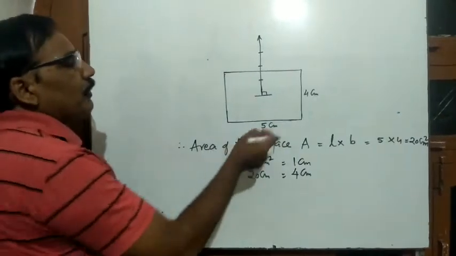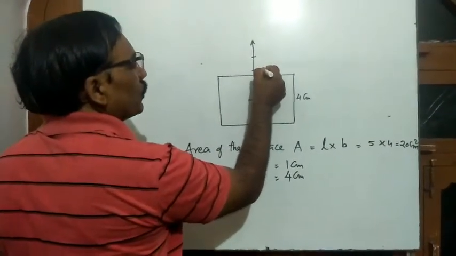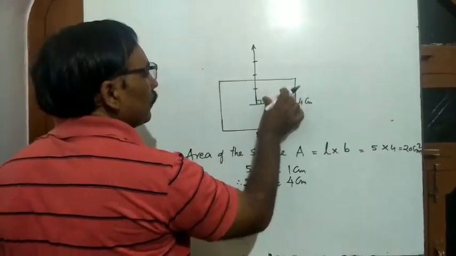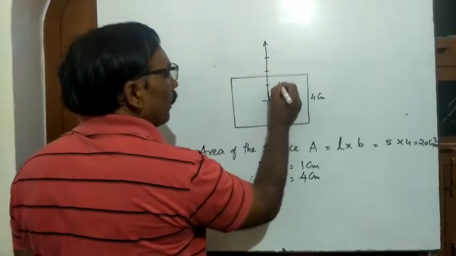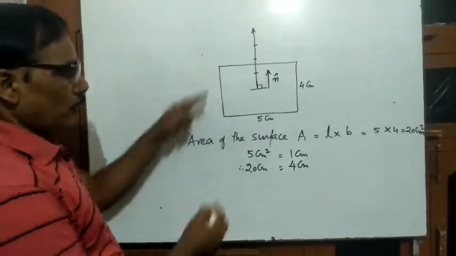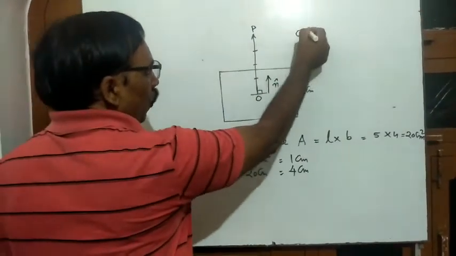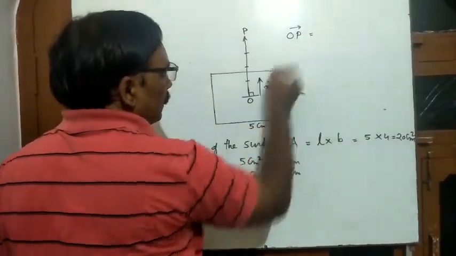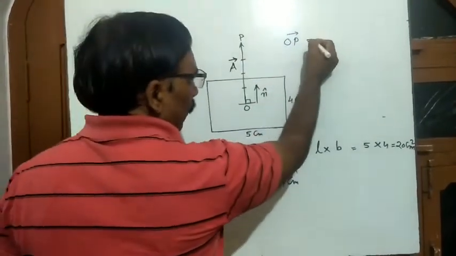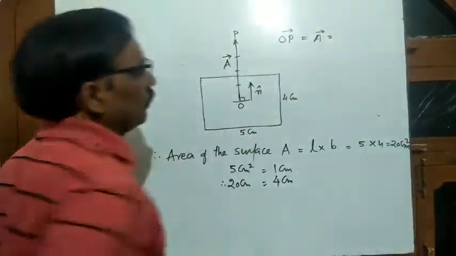If the unit vector perpendicular to this surface is n cap, and suppose the points are O and P, then this vector OP is represented by vector A. This vector A will be equal to how much?